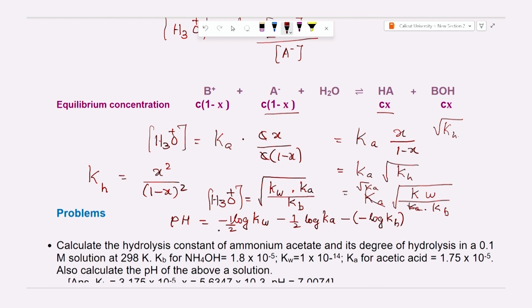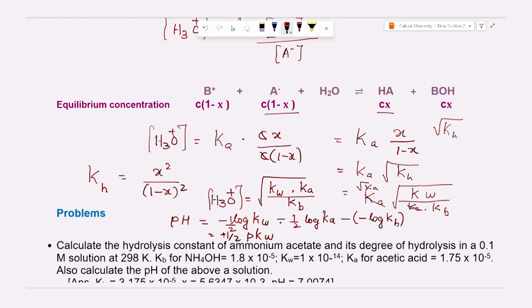Substituting, this becomes minus half log Kw, and Kw I can change as pKw. So, the minus sign is gone, it becomes positive.